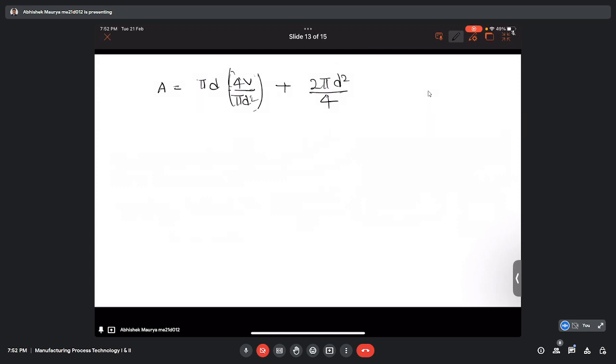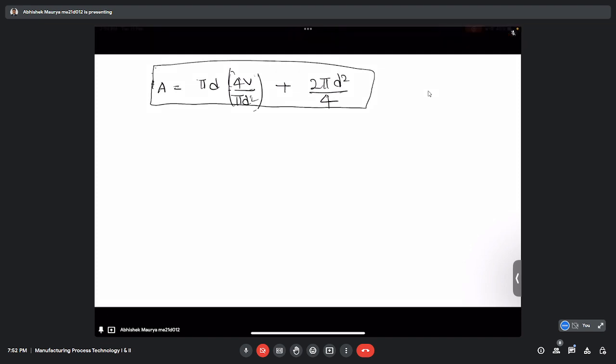For that, we will differentiate the area and try to find out the minimum area. So we will differentiate this area with respect to the diameter, so that we could directly find the relation between the volume and diameter.